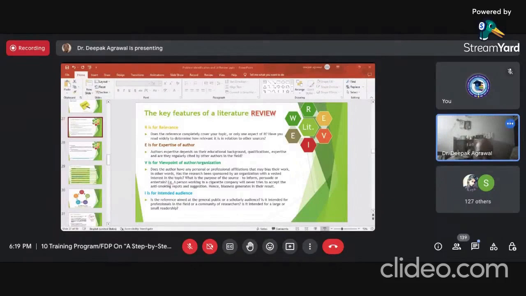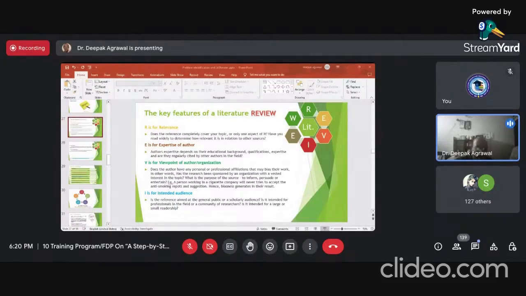The question again arises, how to identify the relevant information? Should we read the whole 30-40 page paper? No. In that case, first of all, you read the abstract. It will provide you an overview of that particular paper. Then you directly go to the conclusion and correlate that abstract with the conclusion.